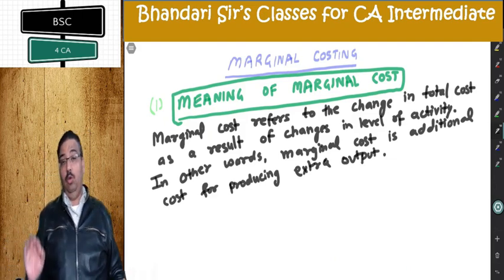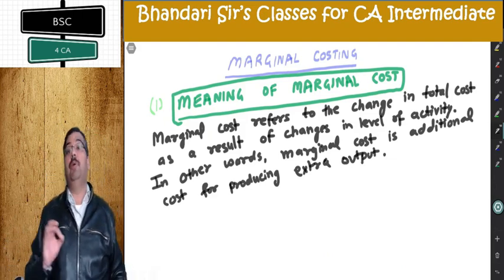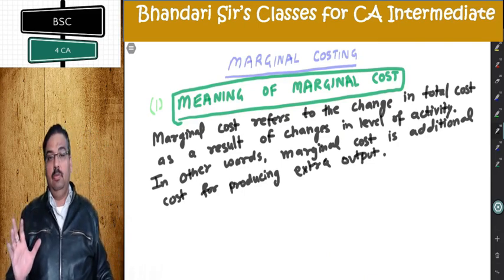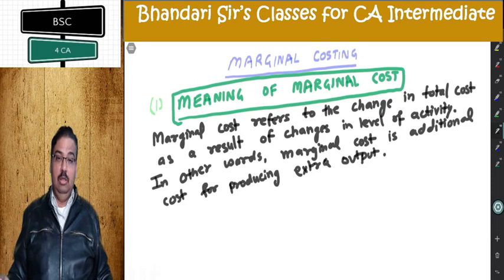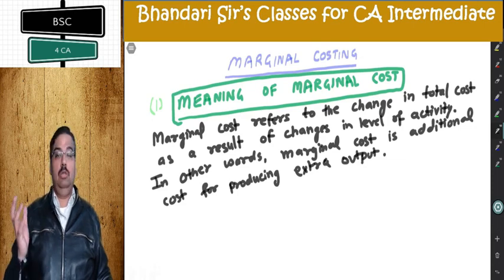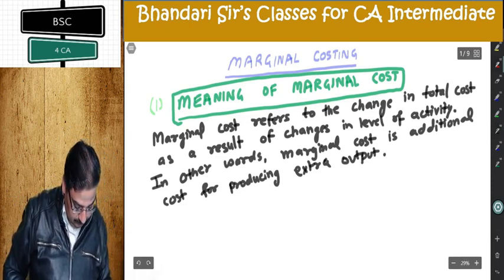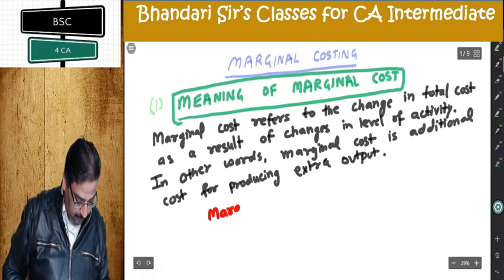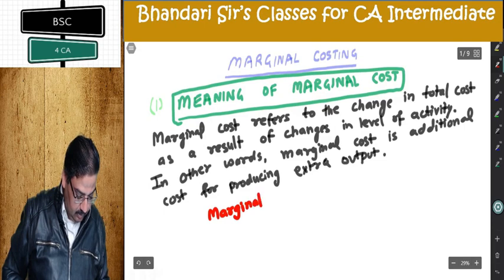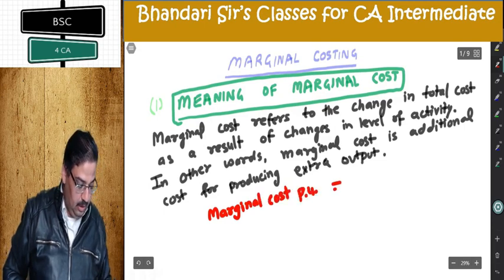Now, if you want to calculate marginal cost per unit, there is a formula for that. That is change in total cost divided by change in units. So formula there, one formula which you can note. Marginal cost per unit equals delta.